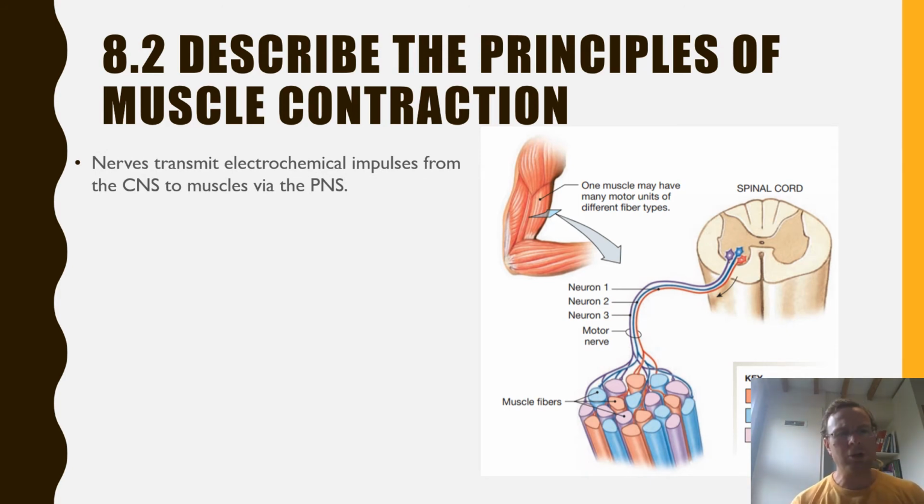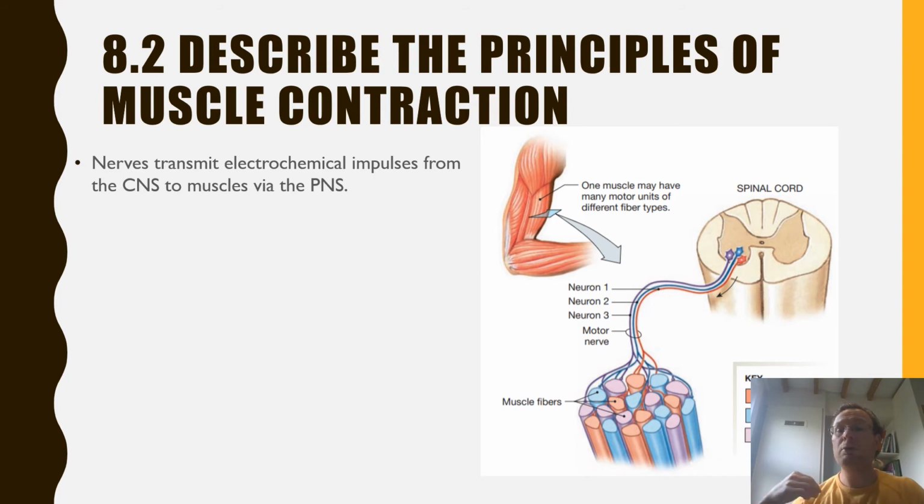Now, nerves transmit electrochemical impulses from the central nervous system to muscles via the peripheral nervous system. So let's break that down a little bit. If we think about a movement, I will want to initiate a movement by sending an impulse from my brain. So that brain sends a pattern of movement down through my spinal cord.